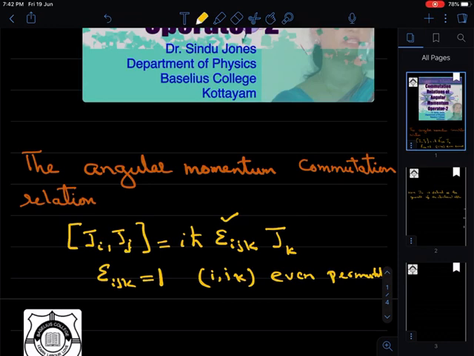If it is y, z, when i is y and j is z, then also it is 1. So for even permutations, epsilon ijk is equal to 1, and epsilon ijk is equal to minus 1 when ijk is odd.